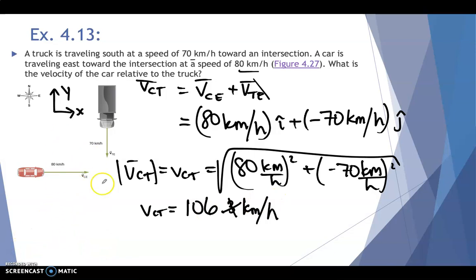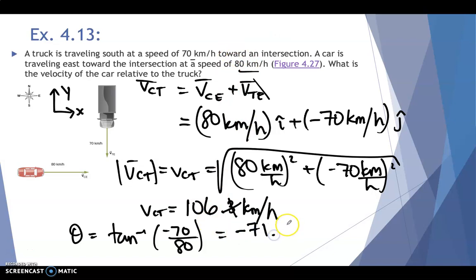We can also find the direction of the velocity, so we're going to do that real quick. So tan inverse of the y component, which is negative 70, over 80, the x component. Tan inverse negative 70 over 80 is negative 71.8 degrees.